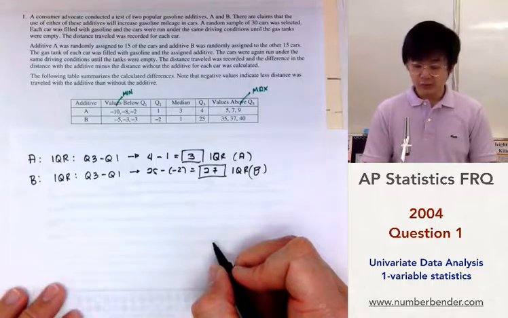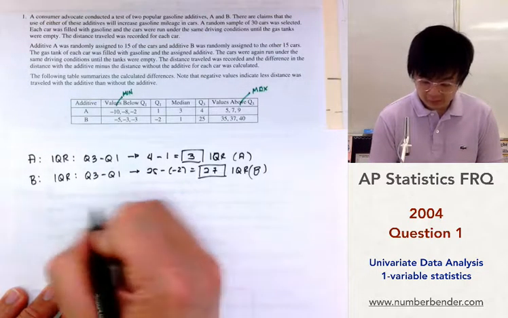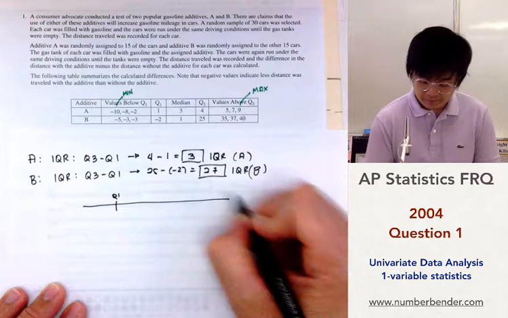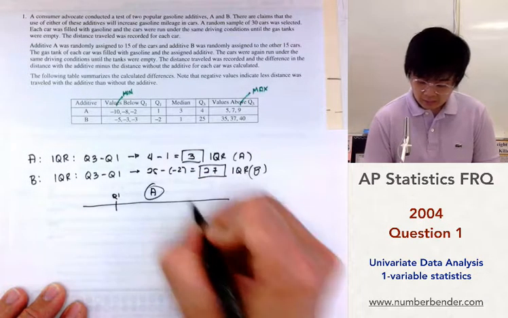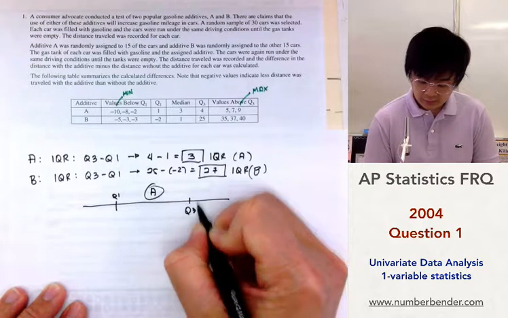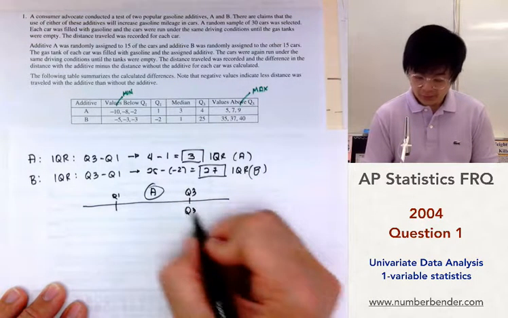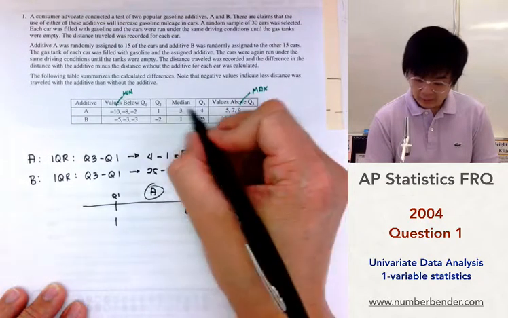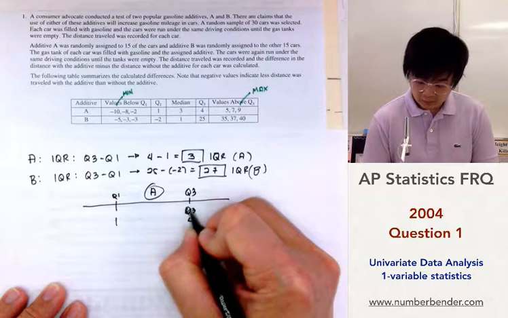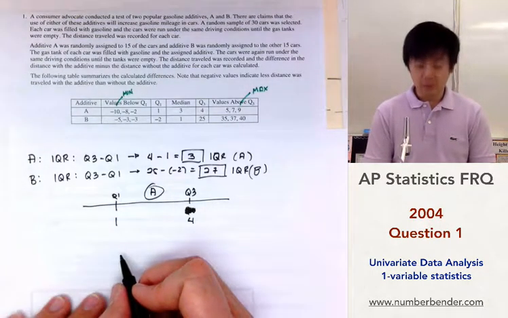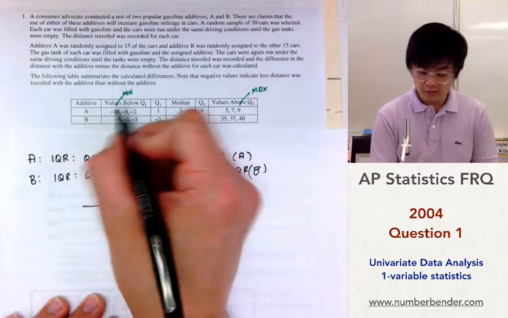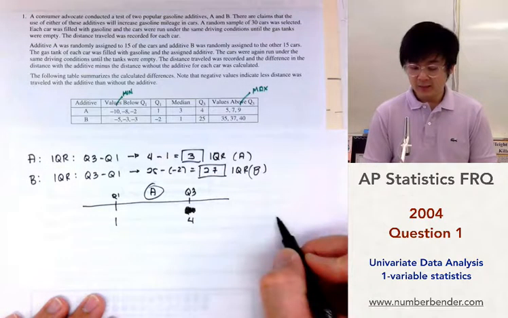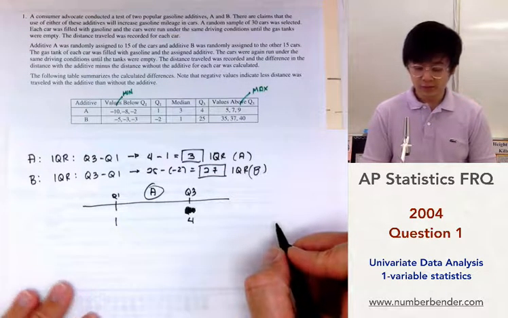Now to check for any outliers for the first group, let's visualize our box plot. This is our Q1 for A and Q3 for A. So Q1 is at 1 and Q3 is at 4. The goal is to check whether all these values are within the left and right of the curve using the 1.5 IQR rule.